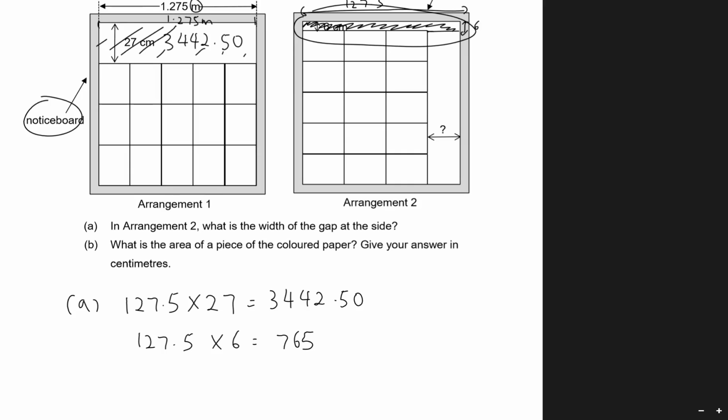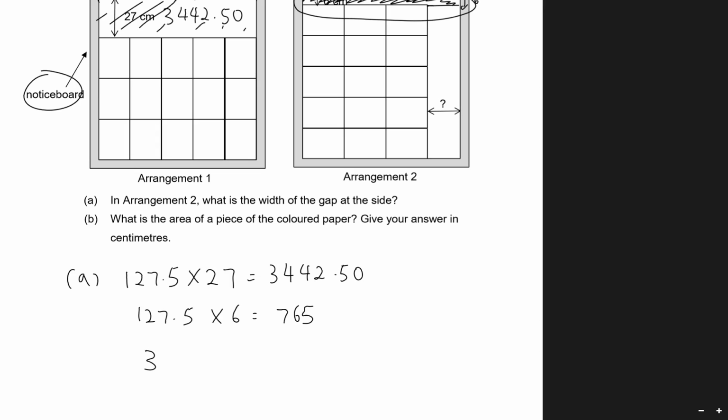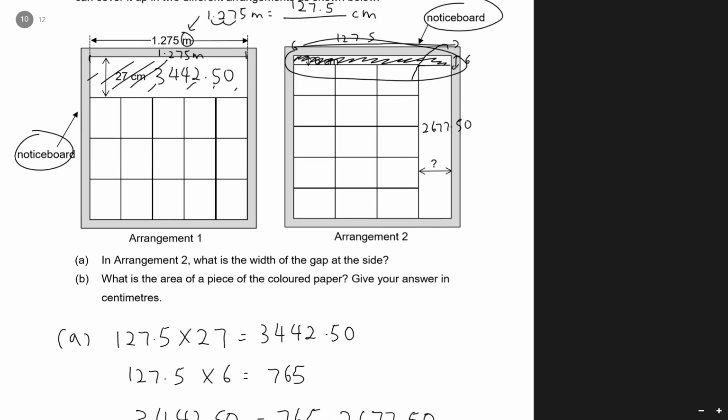So if I know the top is already 765, I just need to minus: 3442.50 minus 765 will give me the area at the side, 2677.50. This 2677.50 is for the area on the right side.